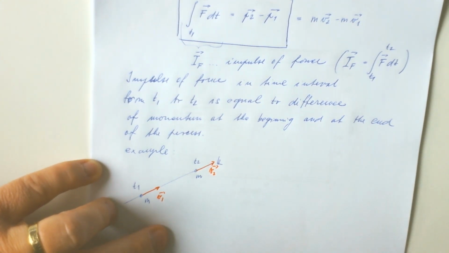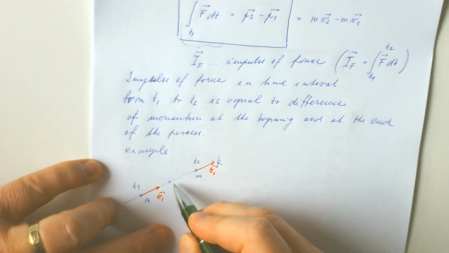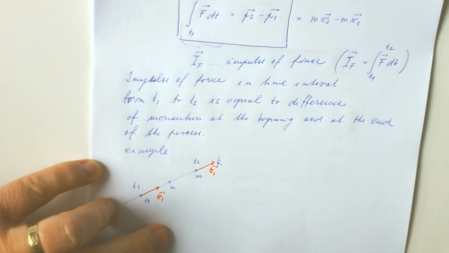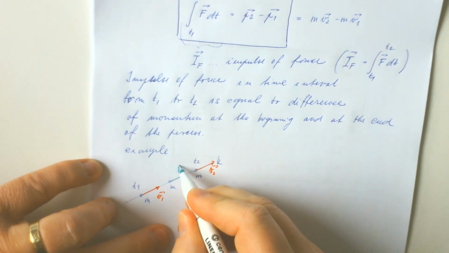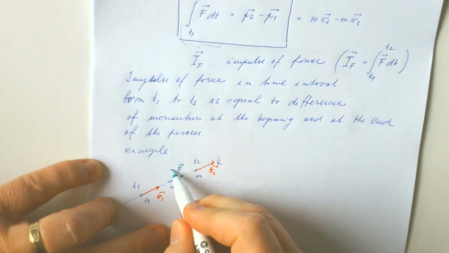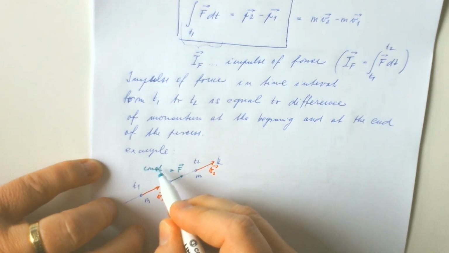Okay, so in general position there is a particle m and there is some force F, which is constant, for example.